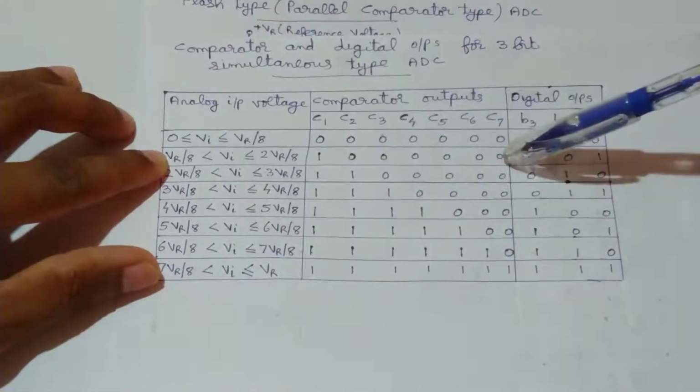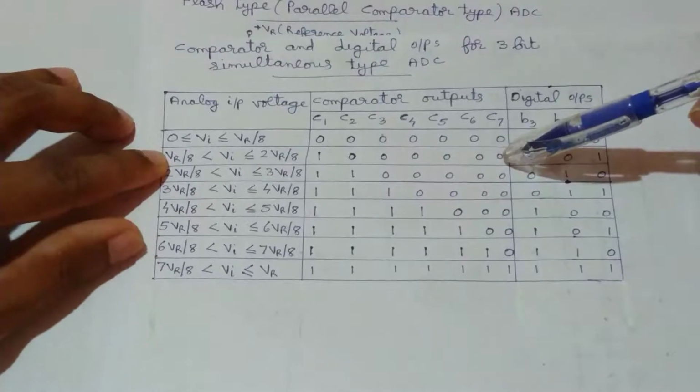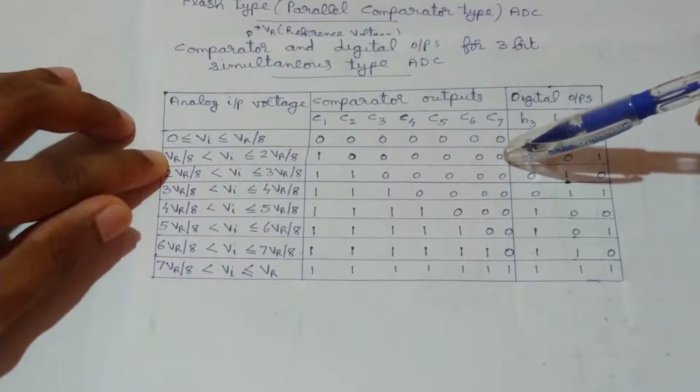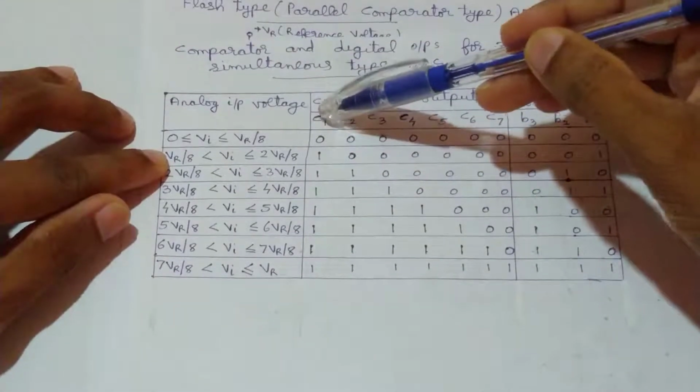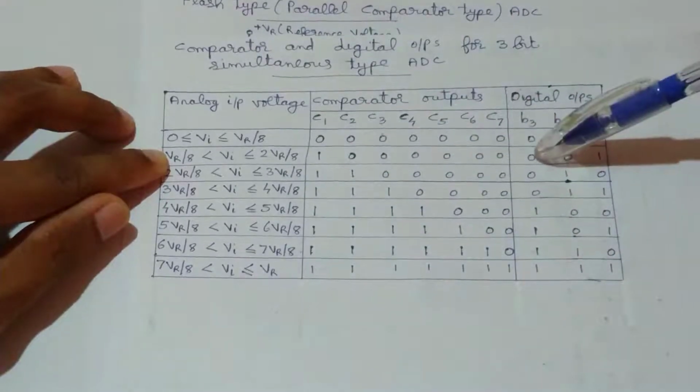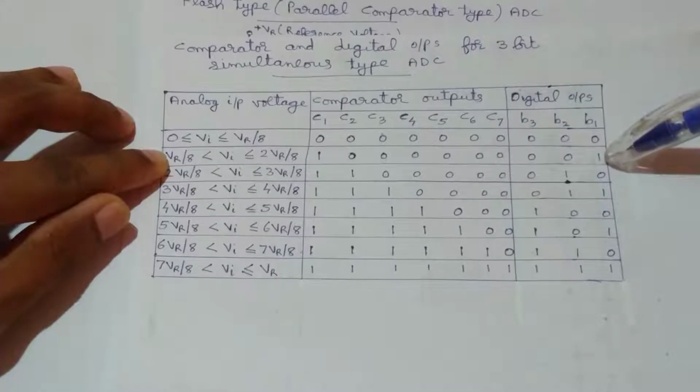This is the input to the priority encoder, and the priority encoder converts this input data depending on the priority value. Here C1 is 1, so it has the priority, so the output is 0 0 1.